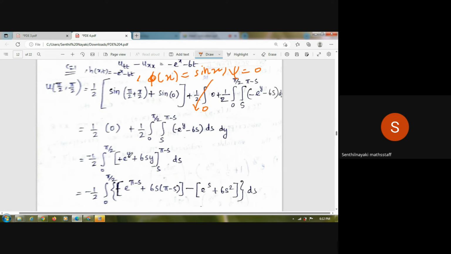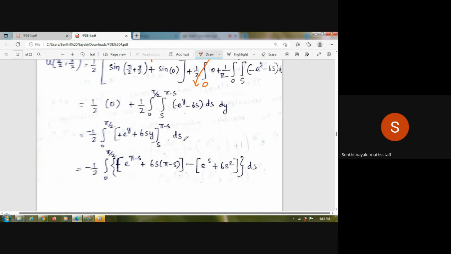If you integrate e^y, again we have e^y. Next, after integrating 6s with respect to y, we have 6sy. You have to carefully decide with respect to which variable we integrate first. So now we are integrating with respect to y. Here there is no y term, so 6s is a constant, therefore after integrating dy we have y. The limit is s to π − s, ds.